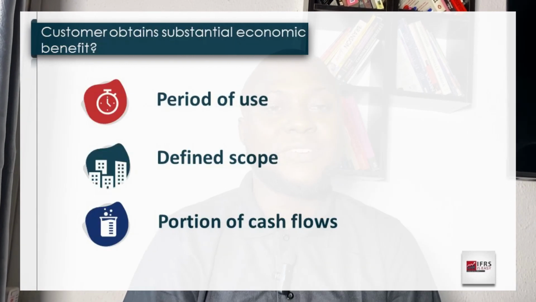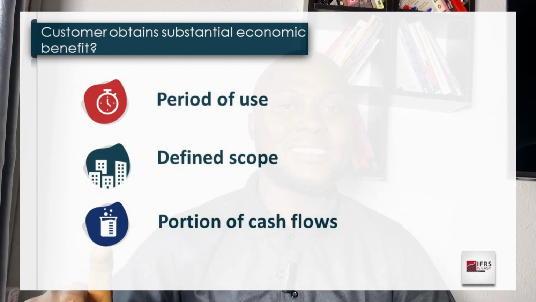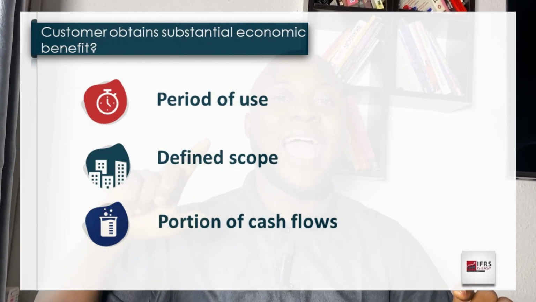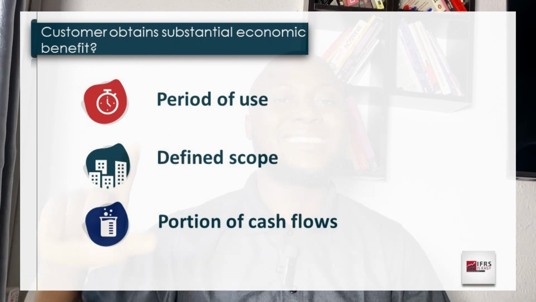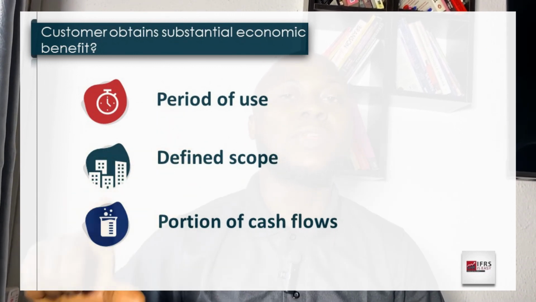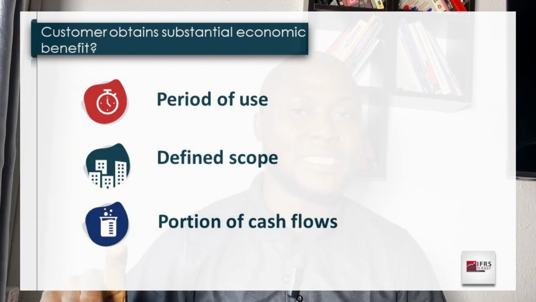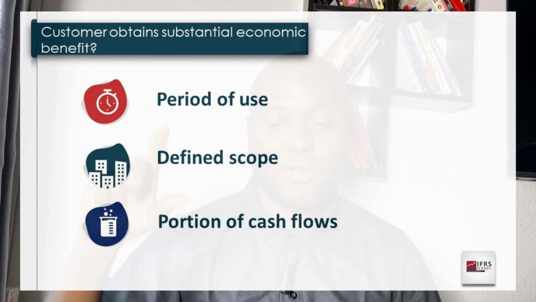There are three different items we have to consider here: the period of use and the defined scope. Both are together, and what it means in essence is that for the period for which I've leased that asset, I have entitlement to every revenue that is generated as a result of using the asset. If there is any revenue that goes to another party other than me, then I don't have a lease contract.